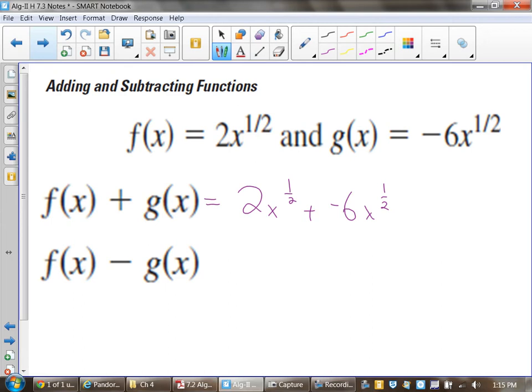This is just showing what the question is going to look like, this is what they're going to give you, with these two values here. So we're never going to see an actual substitute or addition and subtraction problem written out? No. It's going to be written like f of x plus g of x, and they're going to give you two equations. So what's 2 plus negative 6?